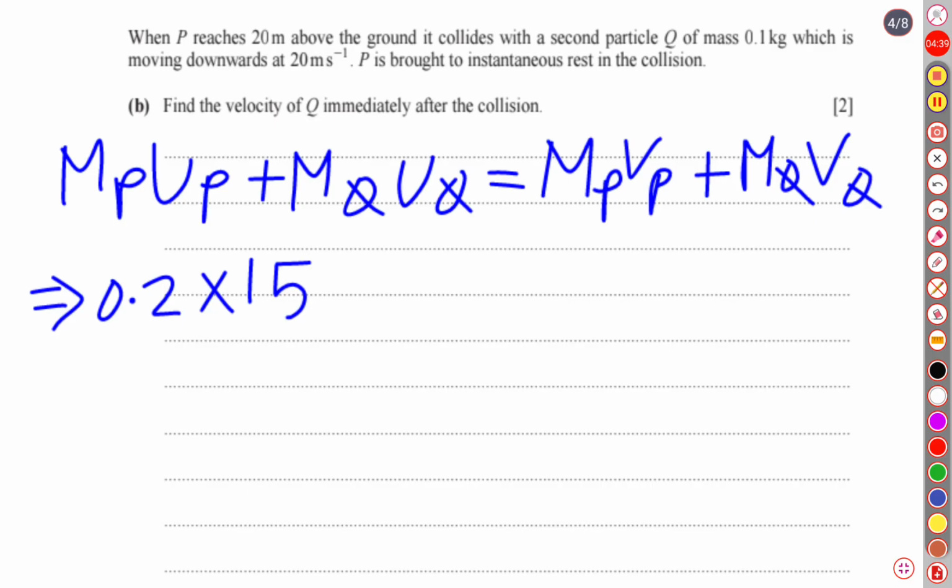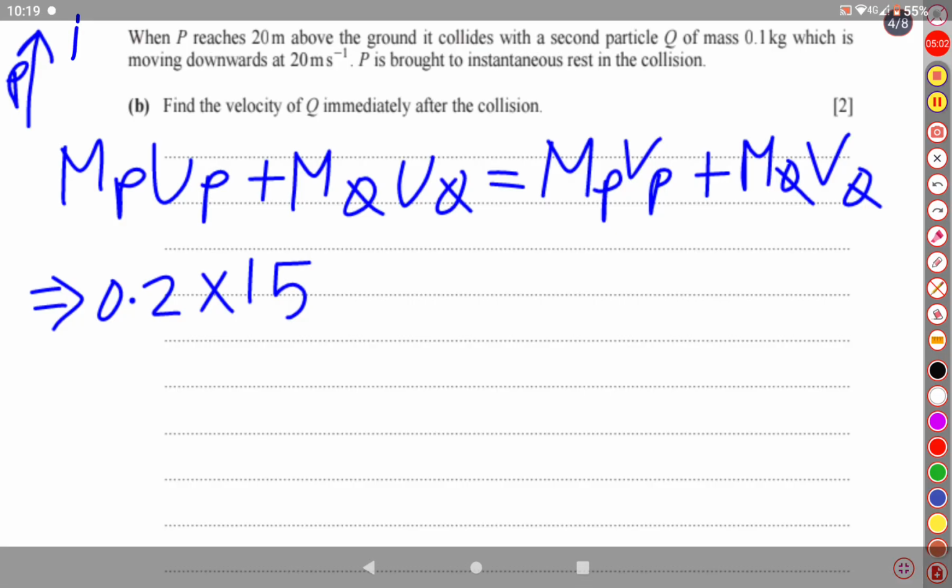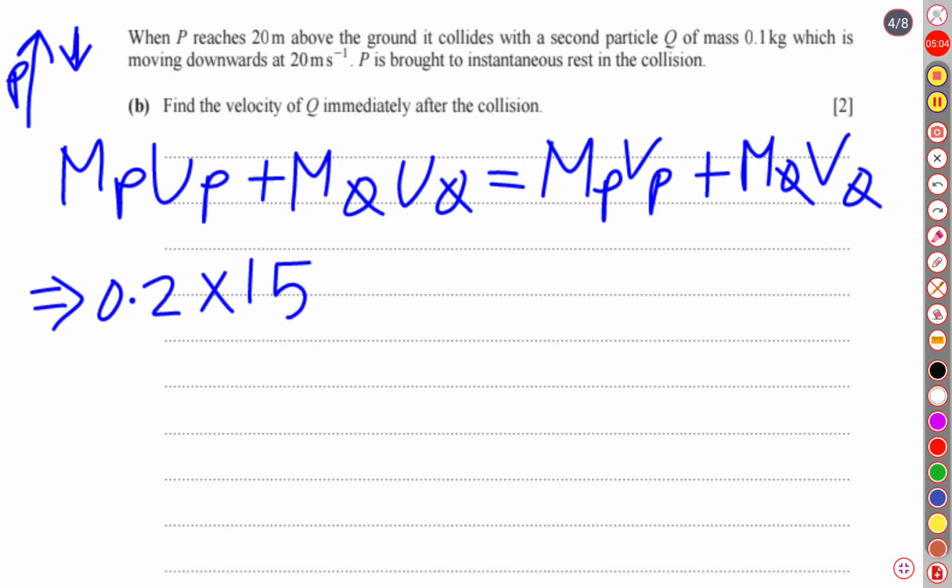Then look at this, the direction matters here. Whenever we apply the concept of the conservation of momentum, we cannot ignore the direction. We already know that P was moving upward, whereas Q was moving downward. Let me show this more precisely.